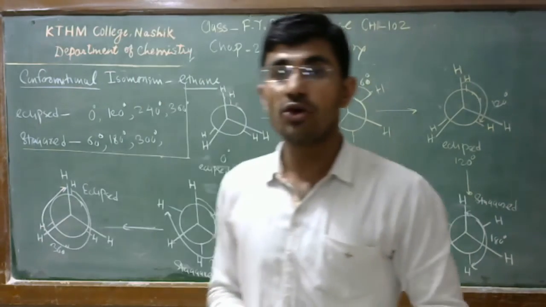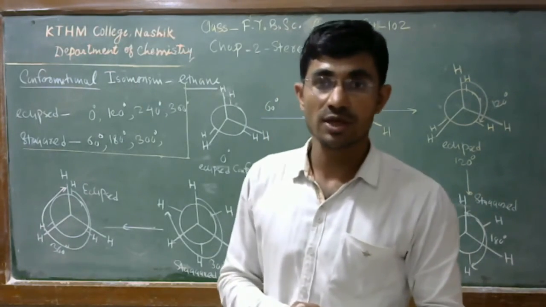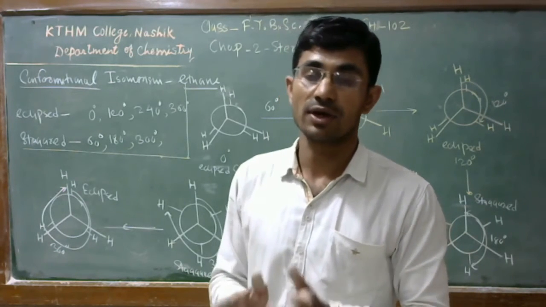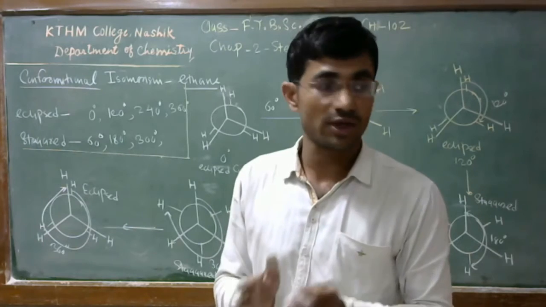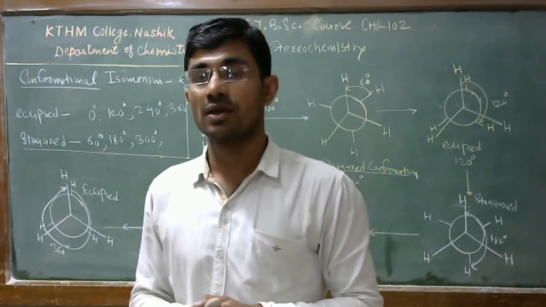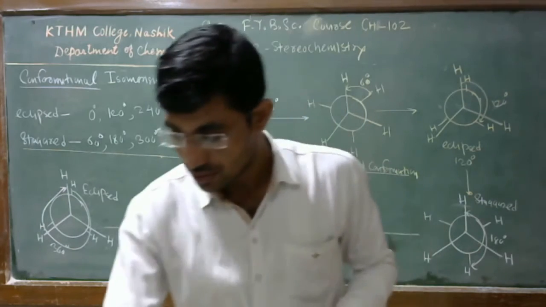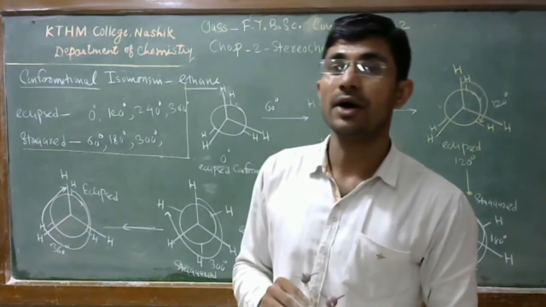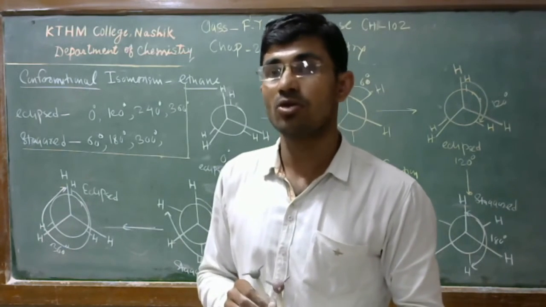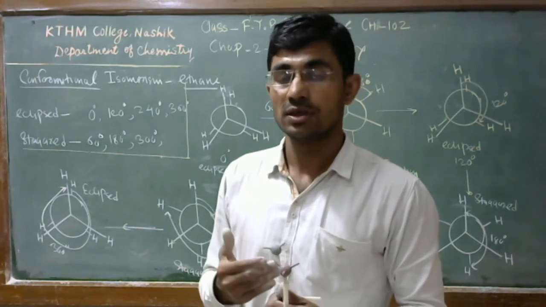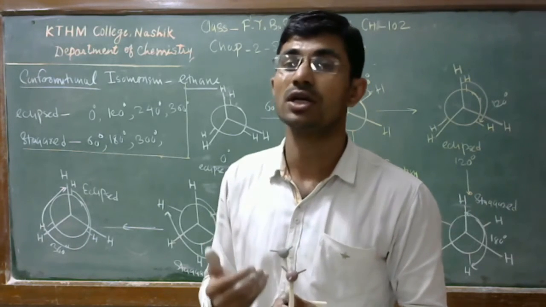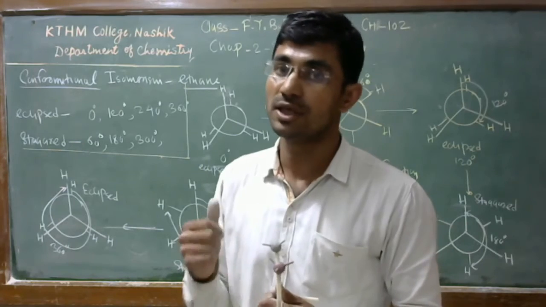Firstly, we are going to talk about the conformational isomerism in ethane molecule, in that, the eclipse conformation. In that conformation, the hydrogens on neighboring carbons, means non-bonded hydrogens, are maximally close to each other. In which conformation? In eclipse conformation.